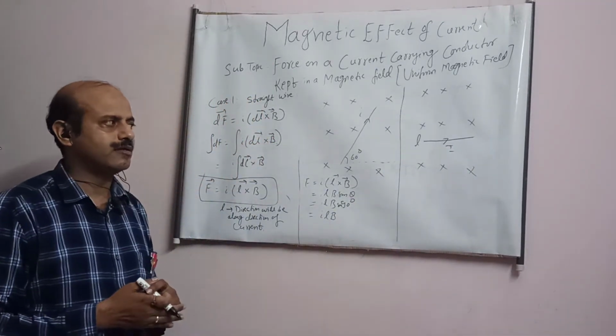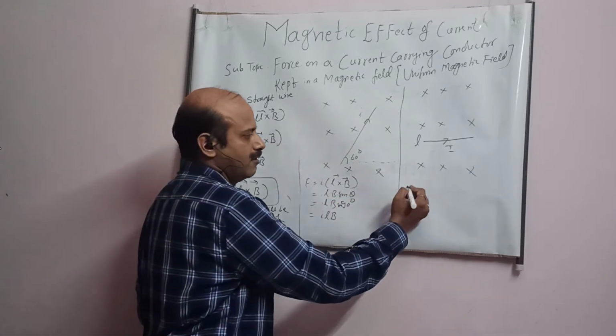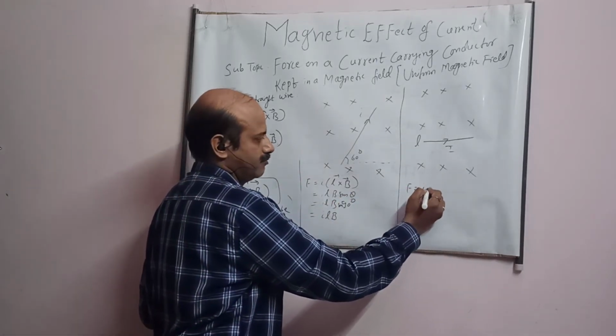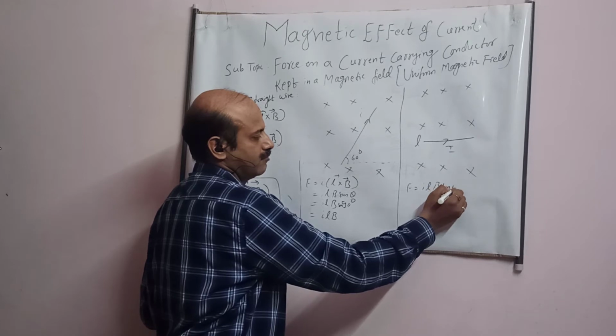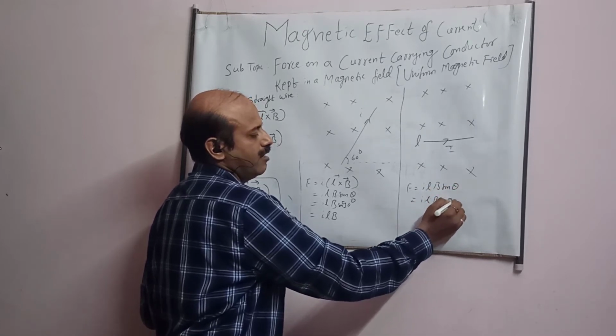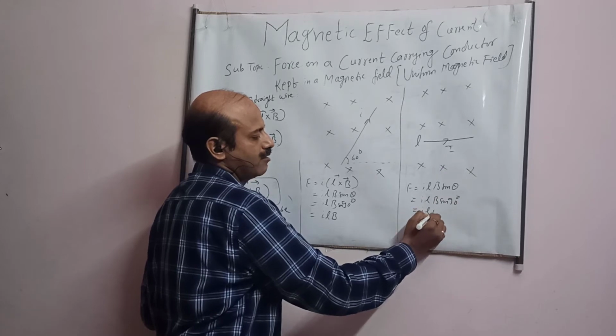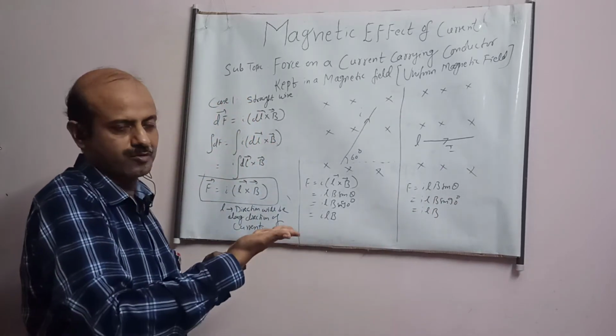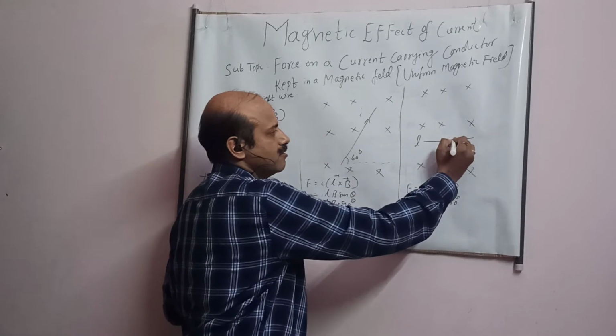Now how much will be the force? Again the formula, and again the angle is 90 degrees, student. And what is the direction of force? By this rule it is upwards.